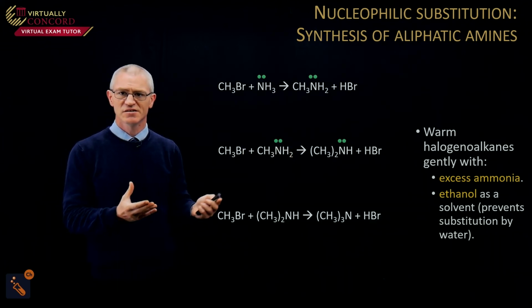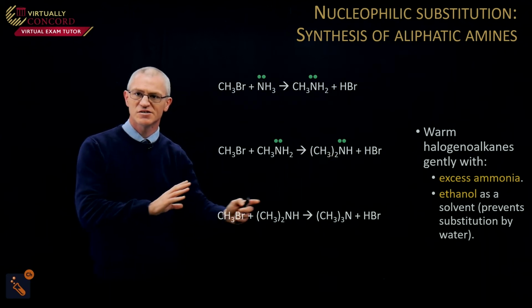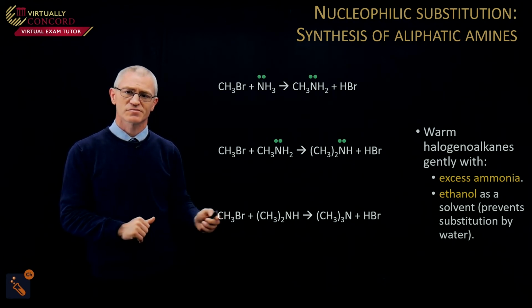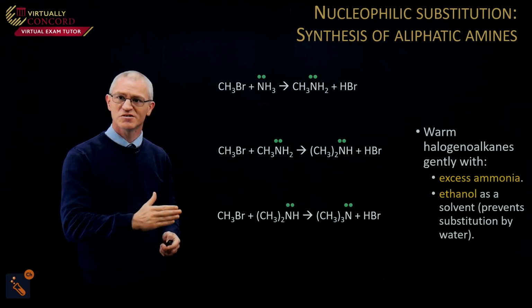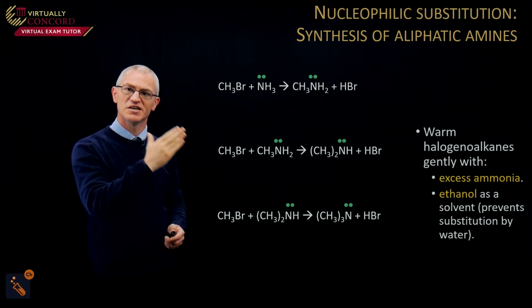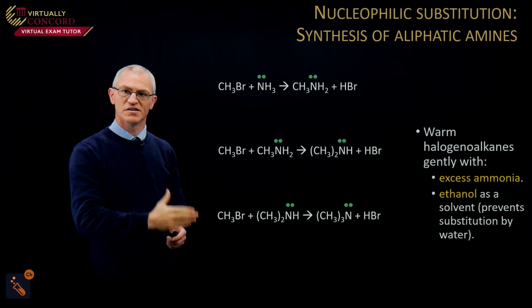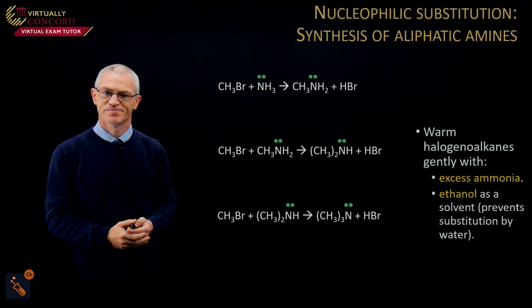And then potentially it could do it again, because that still has a lone pair of electrons and can still do nucleophilic substitution with the bromoalkane. Theoretically it might even be able to do it again, but don't worry too much about that. Essentially, it can do it two times further, all in the same reaction. So you're going to get a mixture of products.